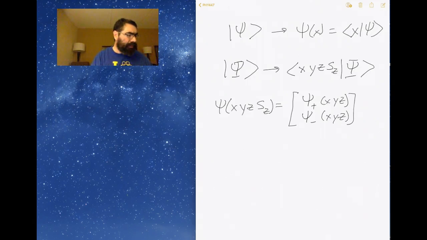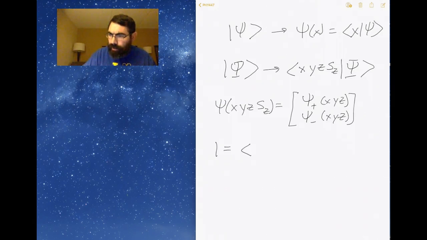How would that work if we wanted to normalize this wave function? Well, if we normalize it to 1, we sum up all probabilities, which includes the probabilities of x, y, and z, but also the probability including the spin projection.